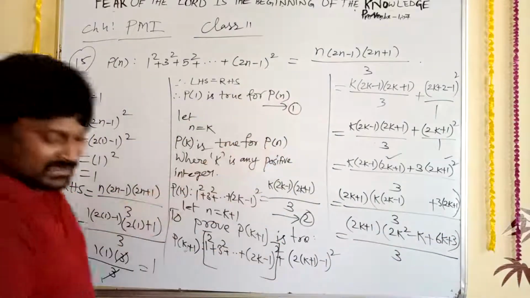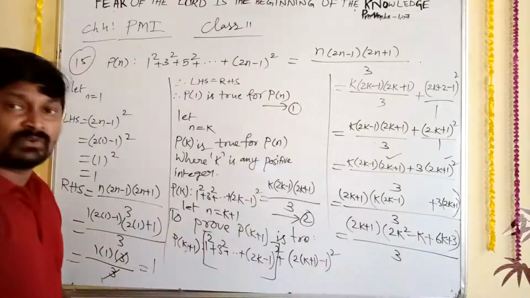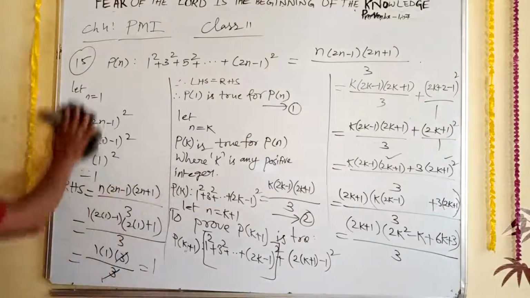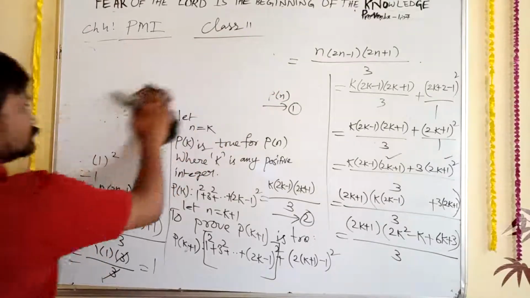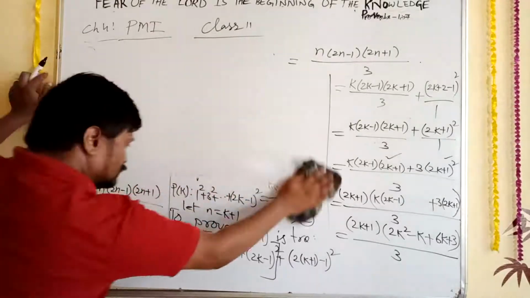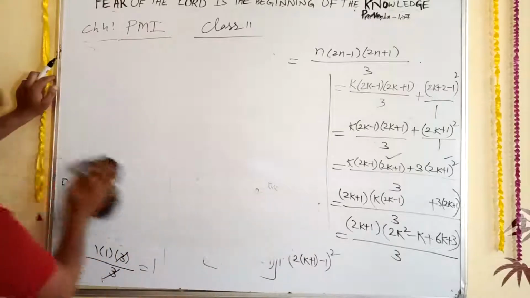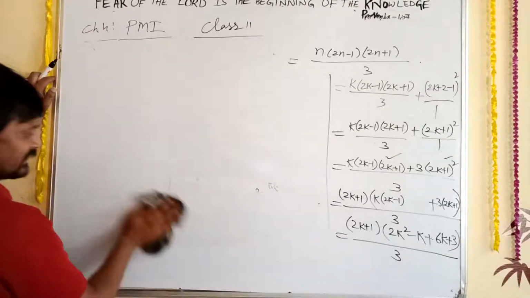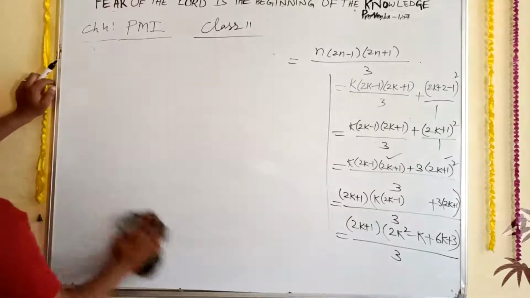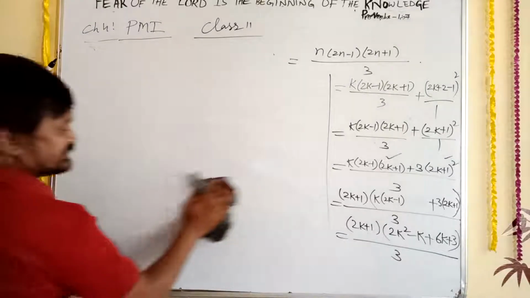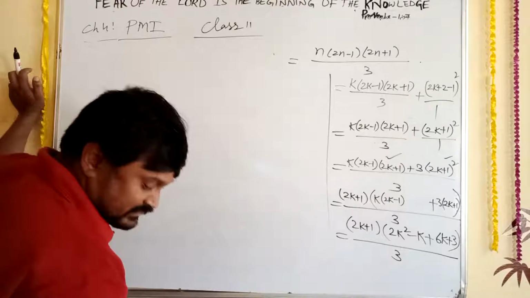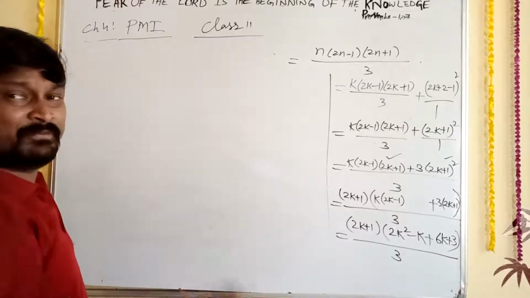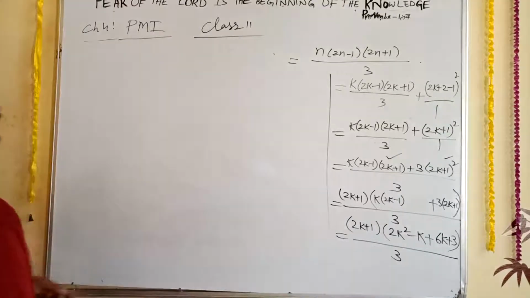I am not doing anything extra in this. I hope you won't get any doubts in this. It is the normal procedure which we did in all the previous classes. You only have to understand the simplification.